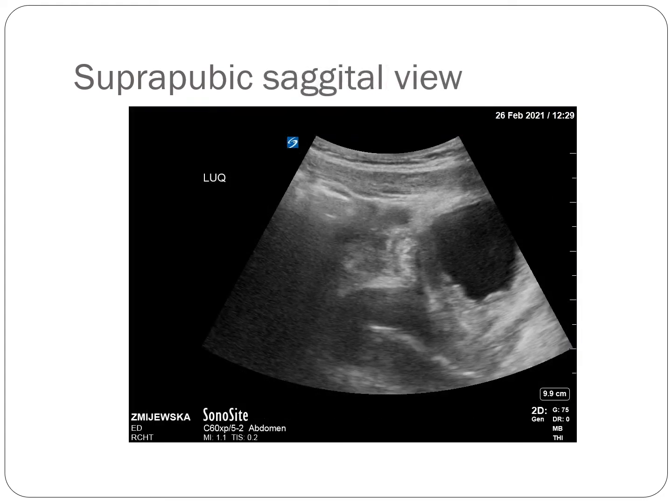Now we're twisting the probe with the notch looking towards the patient's head, and we acquired the sagittal plane of the suprapubic view. So you can see the bladder in here, and as you can guess, that's a lady, because we can see the womb and the endometrium. So free fluid will be located in between the bladder and the uterus.